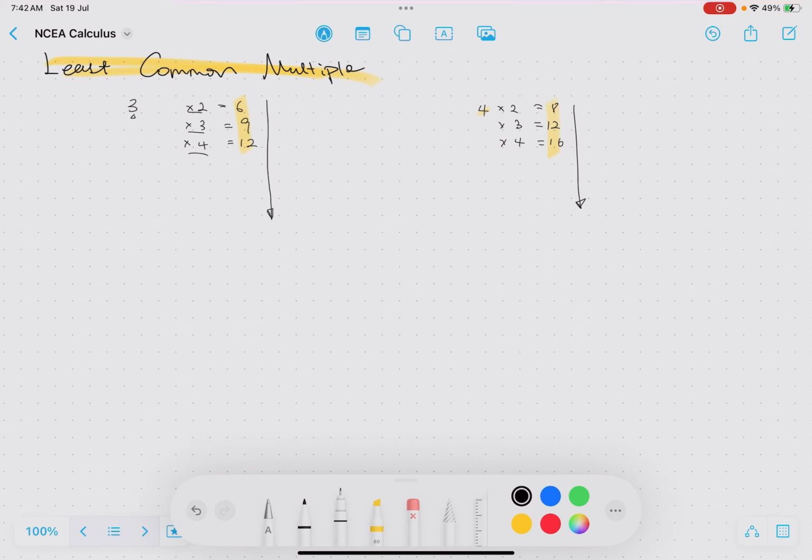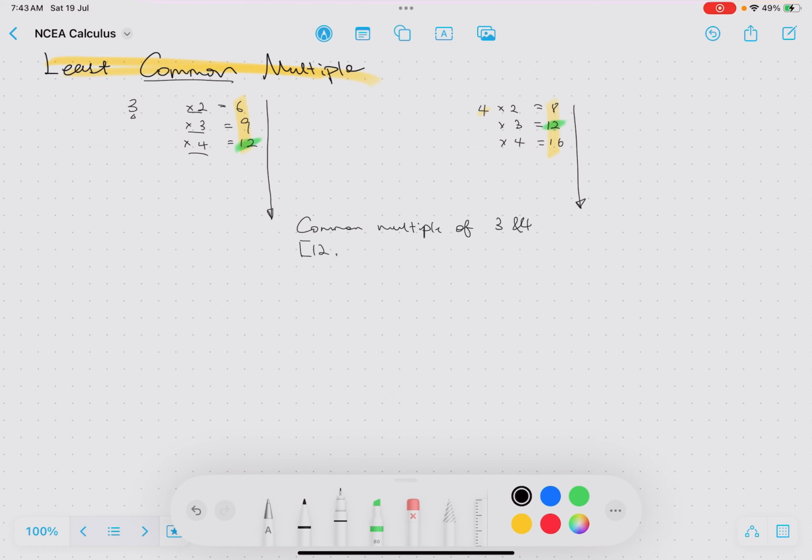So common multiple, again, it comes to common, so possessed by both numbers. It's got to be a multiple that appears for both numbers. In this instance, we have 12 in our multiple list from 3, and we have 12 here from the 4 list. So 12 is one of the common multiples of 3 and 4.